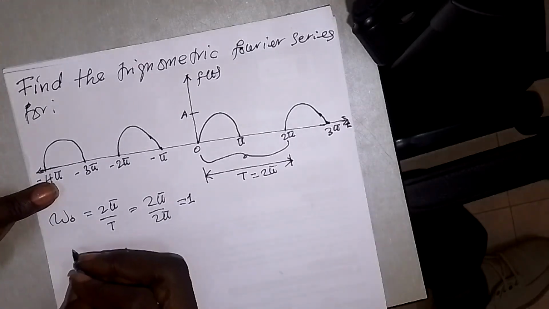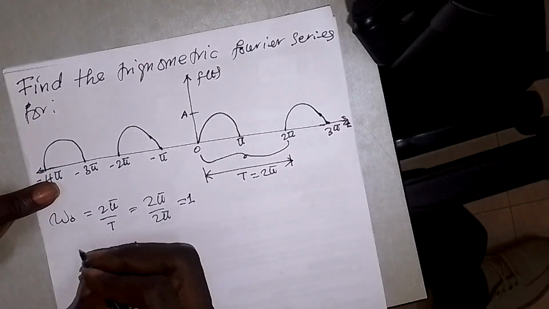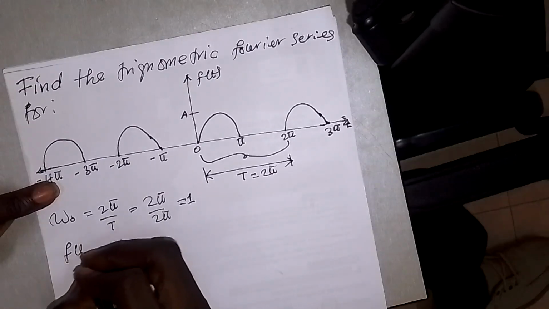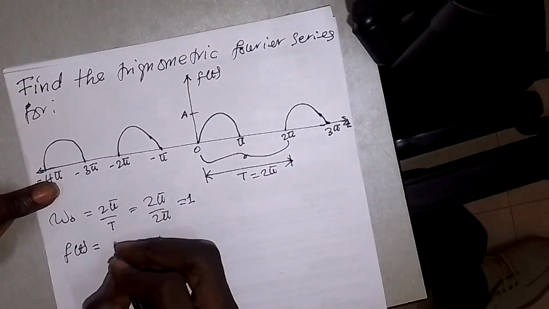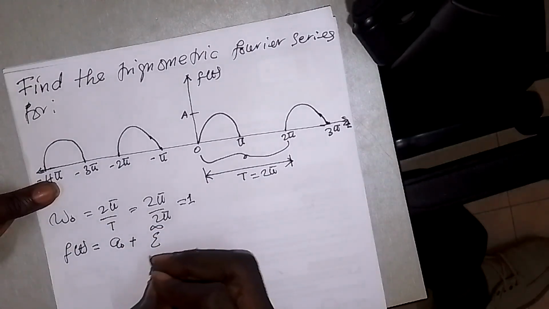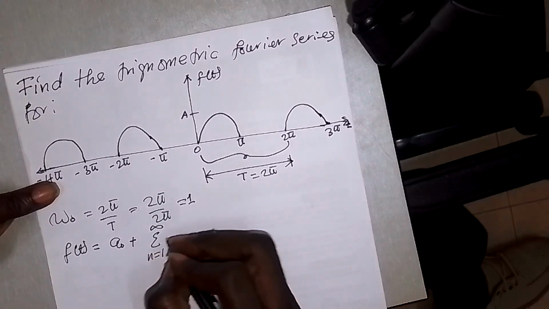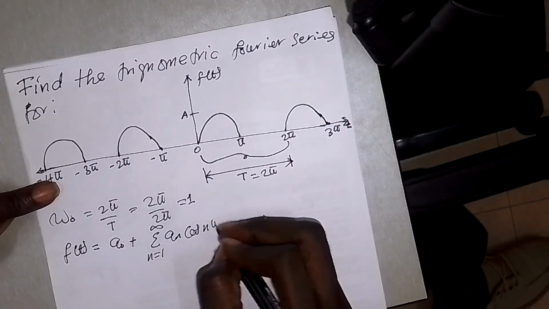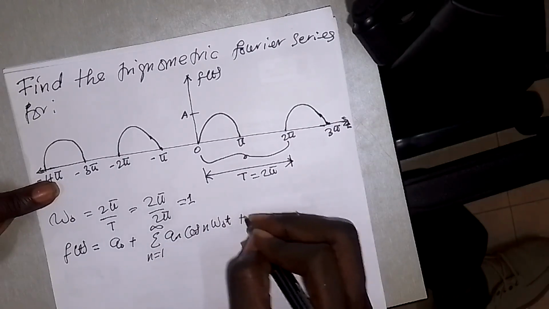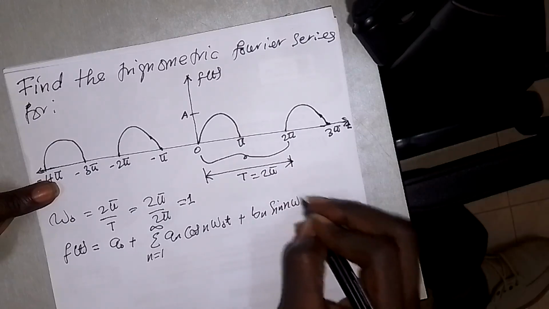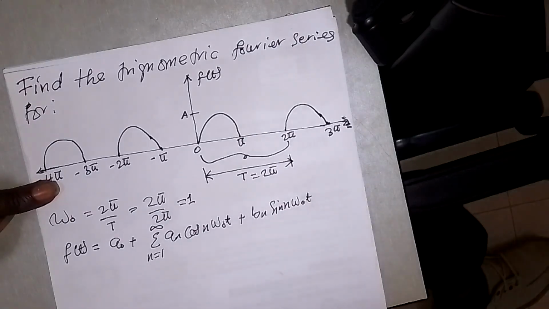So now, putting it into the general Fourier series equation, I'll have a naught plus the sum from n equals 1 of an cos n omega naught t plus bn sin n omega naught t.